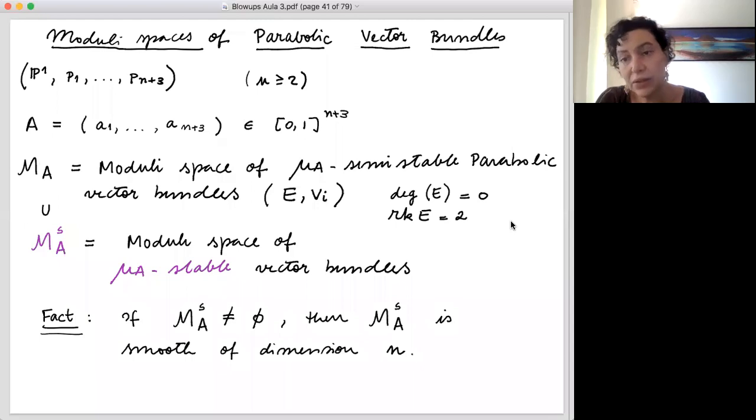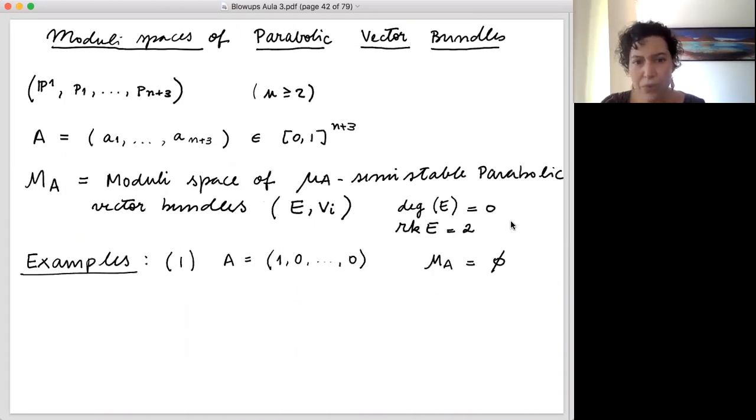To see this, you need to learn a little bit more about the theory of moduli spaces, so let's just believe this for this lecture. Let me give you some examples. If I take as a weight one parabolic point with weight 1, and all other parabolic points having weight 0, then it's actually easy to see that in this case, this moduli space is empty.